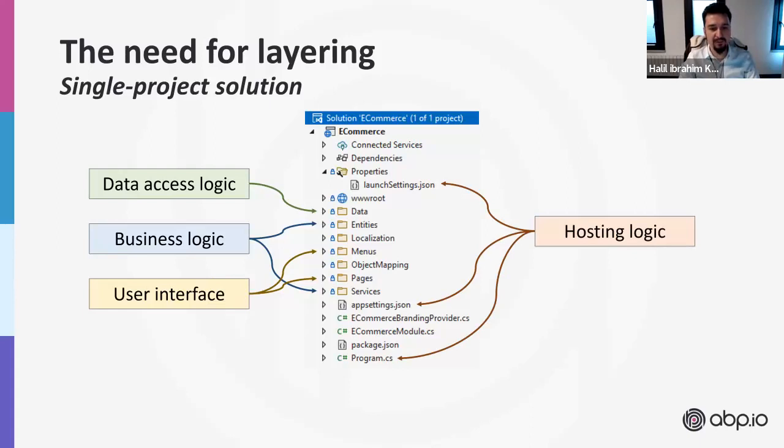When you want to separate this system, eventually you will need to completely change the hosting logic. You will need to separate your user interface from the business logic and maybe the data access logic.